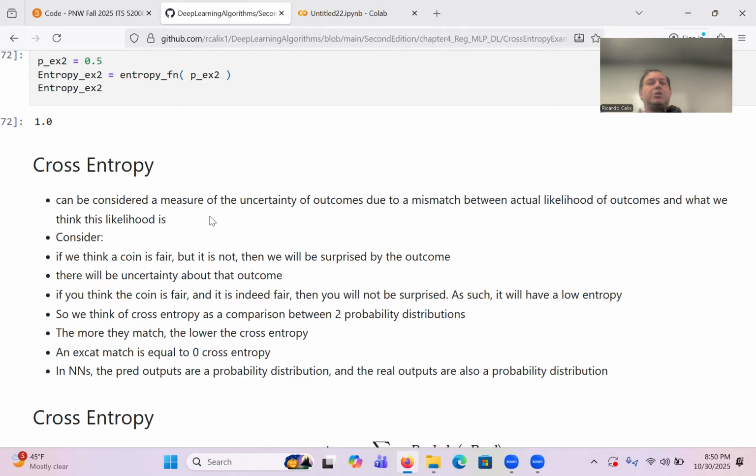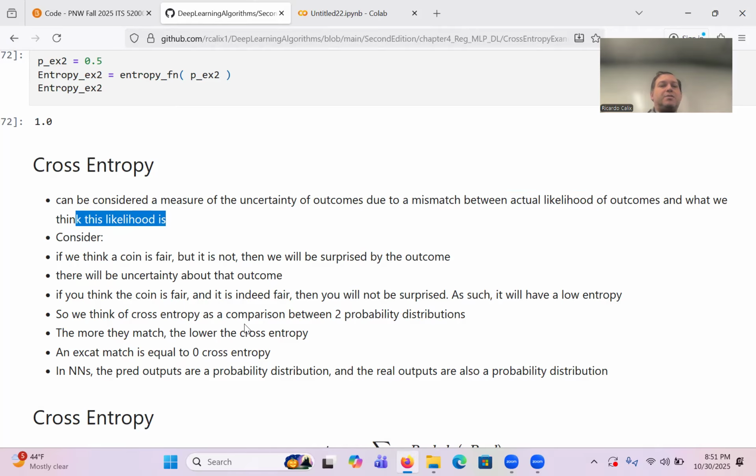Think of the actual likelihood as the real data, and what we think is the likelihood as our predicted. It's what we think it is. So consider, if we think a coin is fair, but it is not, that's what this is capturing. This is the key thing. If we think a coin is fair, but it is not, then we will be surprised by the outcome. And that's what cross entropy essentially is, what they invented.